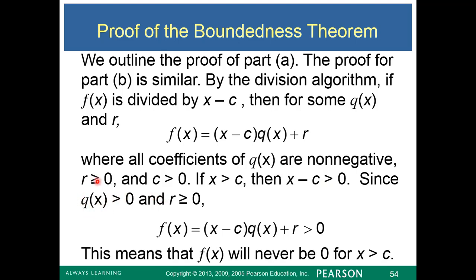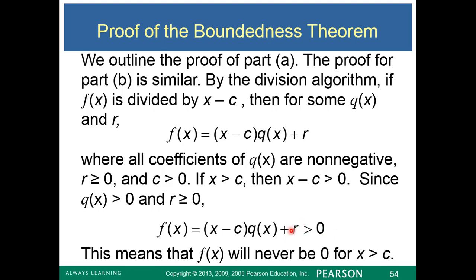Since we know that q of x is positive and r is also non-negative, then we know that f of x is also positive, because this is non-negative, this is positive, and this is positive, so we should get something positive.